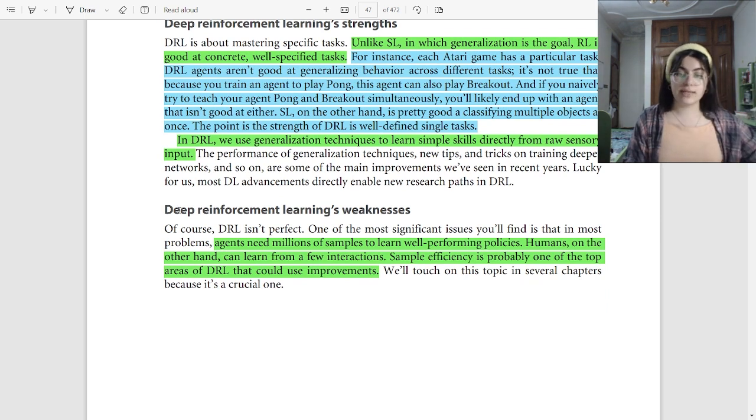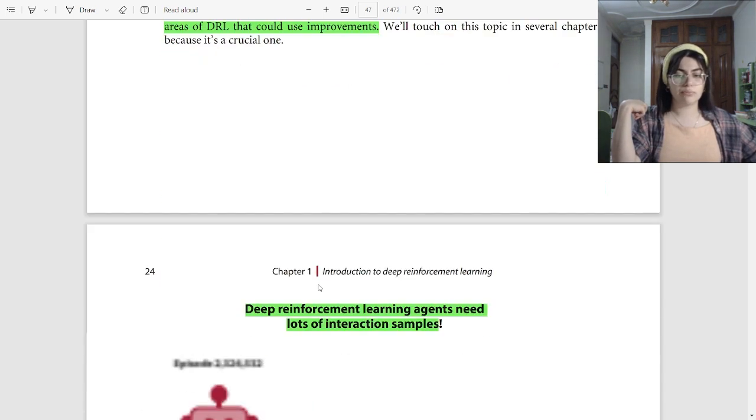And then it mentions deep reinforcement learning's weakness, like it says that agents need millions of samples to learn well-performing policies. Humans, on the other hand, can learn from a few interactions. Sample efficiency is a problem in DRL that could use improvements.